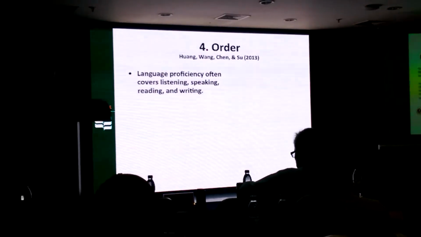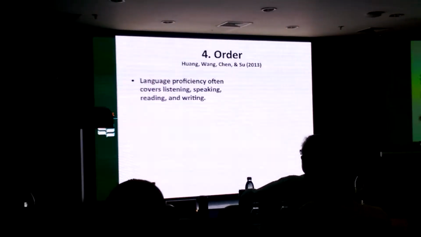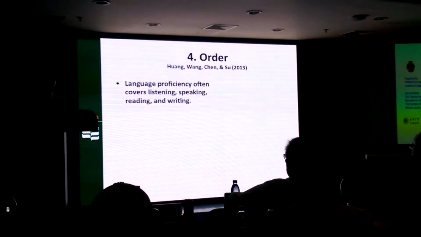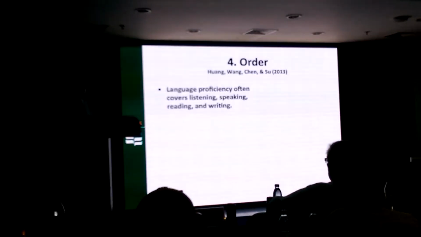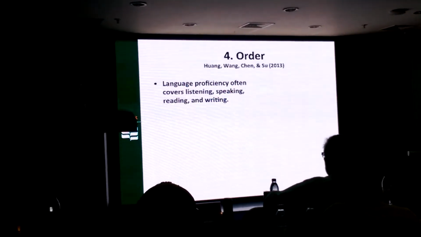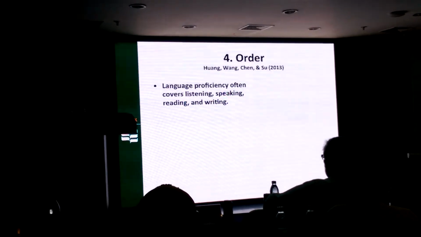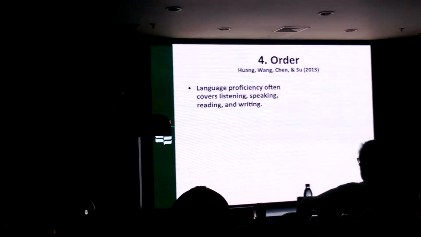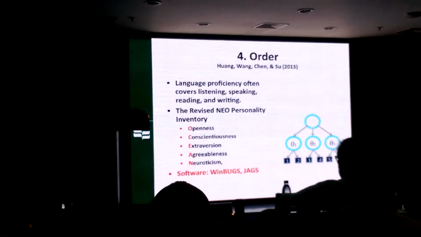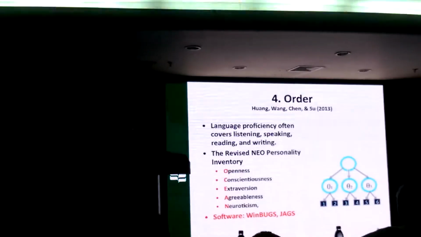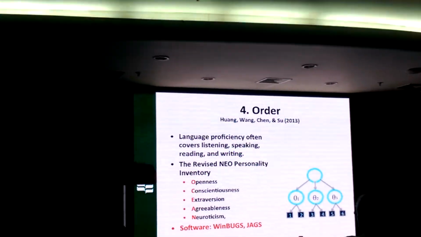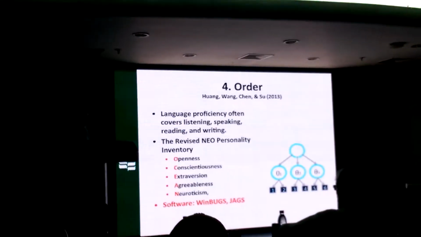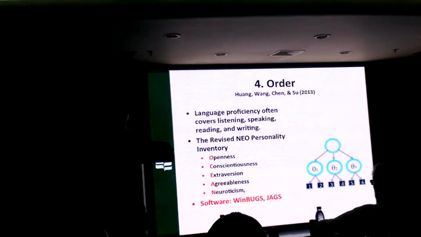Number 4, we can have higher order models. If you are familiar with factor analysis, you may have heard that we have higher order factor analysis, right? Just like language proficiency often covers listening, speaking, reading, and writing, or the Big Five personality, where we have OCEAN as the five domains, or in quality of life, WHO quality of life, we have six domains.